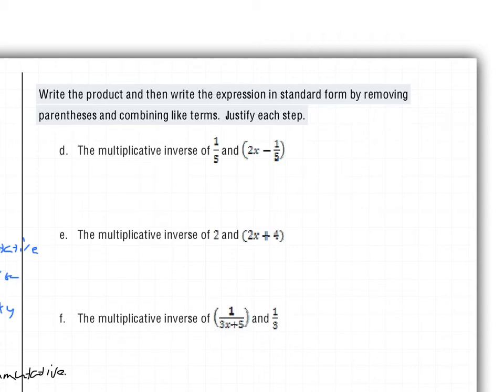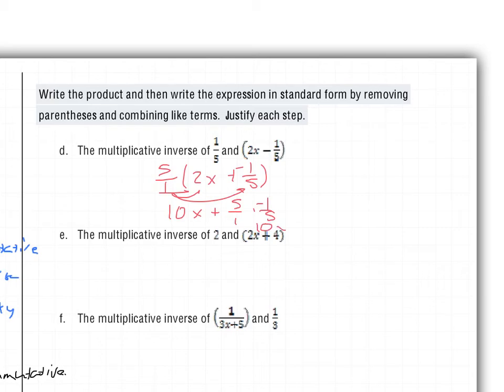So let's look at this. It says the multiplicative inverse of 1/5 times this group. So the multiplicative inverse is 5 over 1. That's its reciprocal. Multiplicative inverse is its reciprocal. And 2x minus 1/5. So we're going to change this to add the opposite and distribute in. We get 10x plus 5 over 1 times negative 1 over 5.